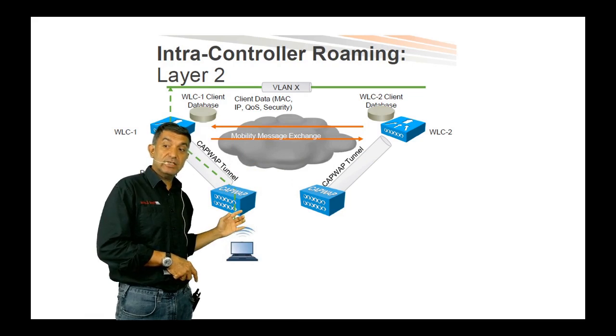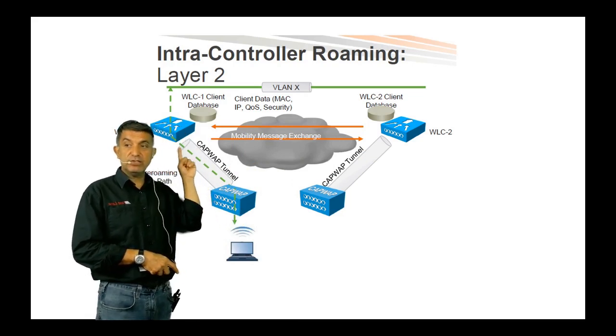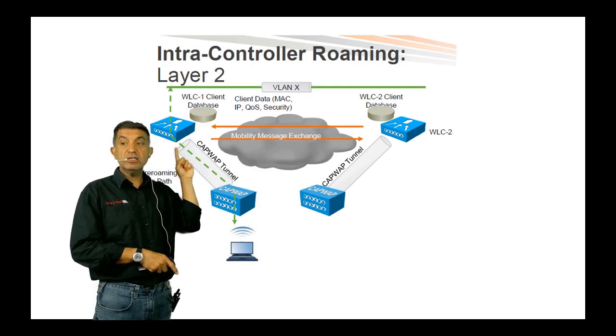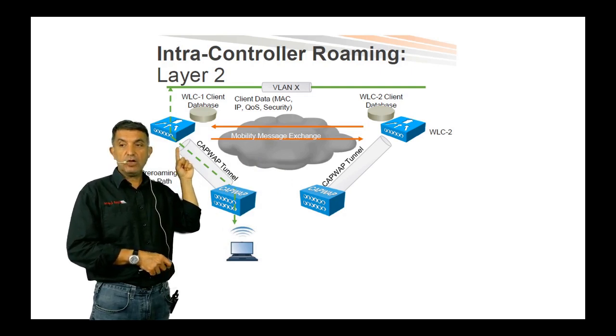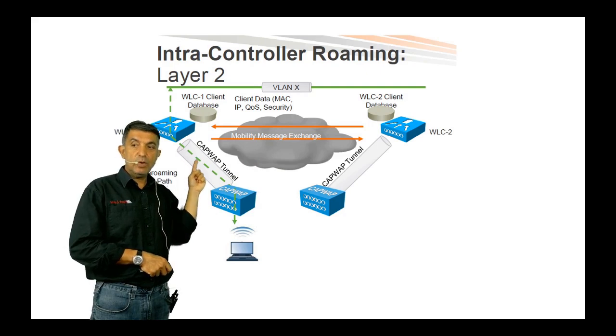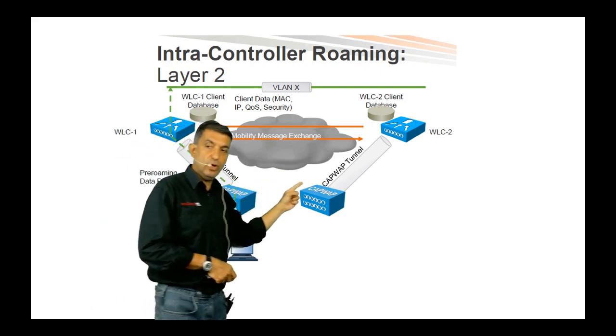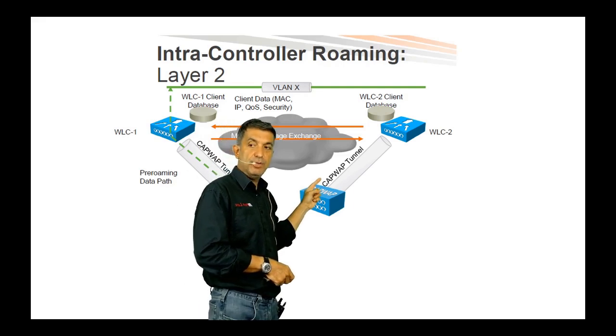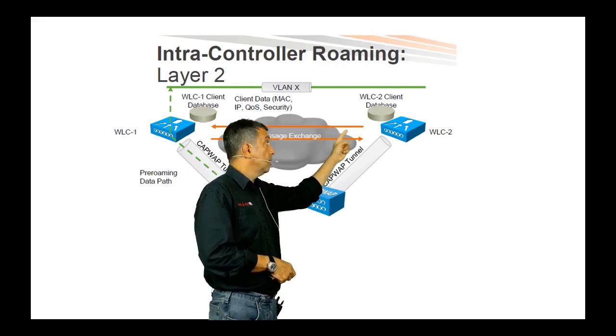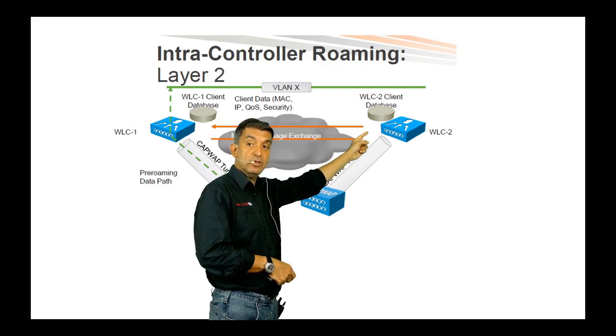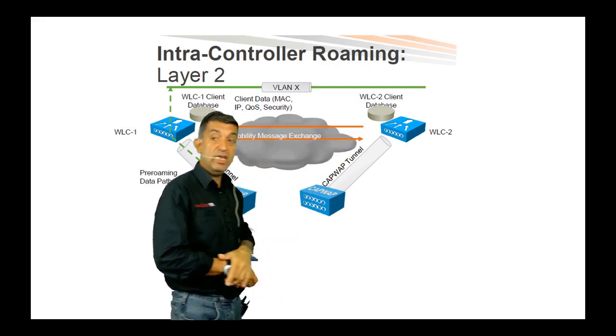So the clients could be in a conference room here. They can start a call, and then they can walk down, go through the campus area, and can be connected to that controller without any interruption.